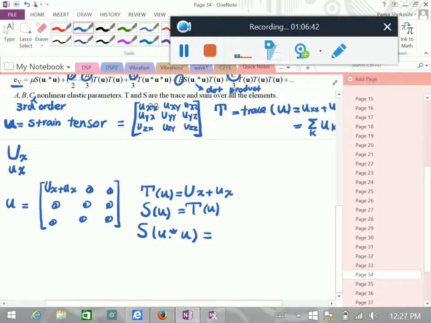How about this term, summation of u dot q? What would that look like? Exactly. So basically, you can calculate E sub v.